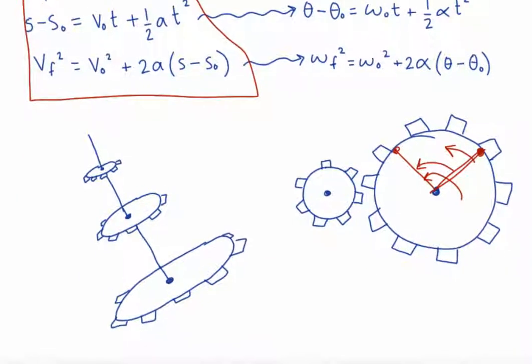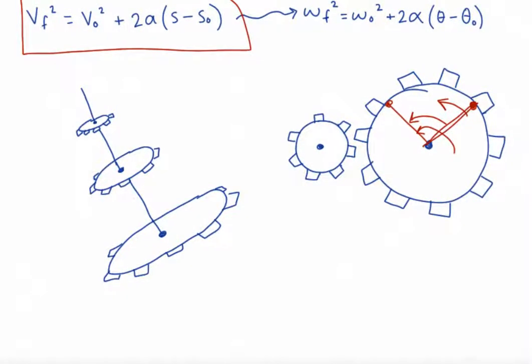Let's move down here. I'm going to talk about the relationship of these three gears and how their motion is related. All these gears are connected to this rod, and the rod is going to be spinning in this direction, counterclockwise.